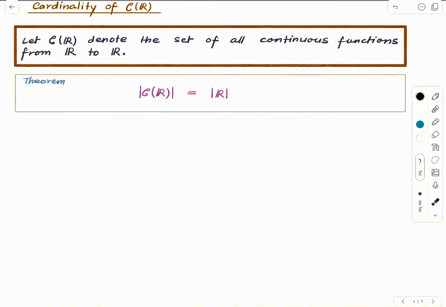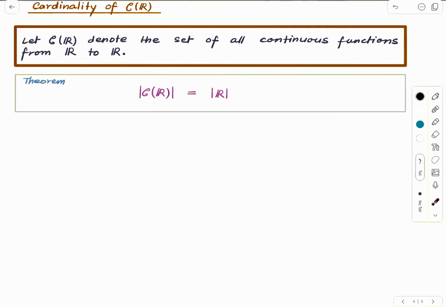So let's have this notation nailed down. We make a fancy C, and then we put R inside the bracket to mean the set of all the continuous functions from reals to reals. So this is the set of all the functions from reals to reals which are continuous everywhere. And this is what we want to show, that the cardinality of this set is the same as that of real numbers.